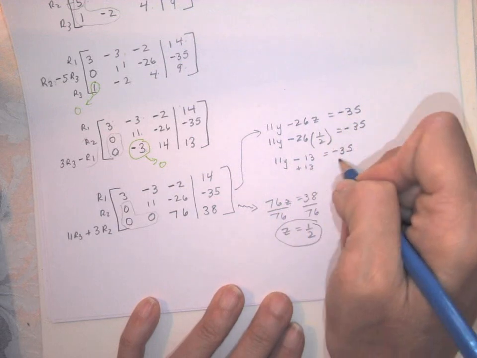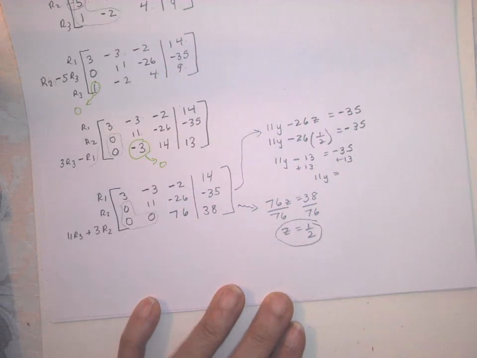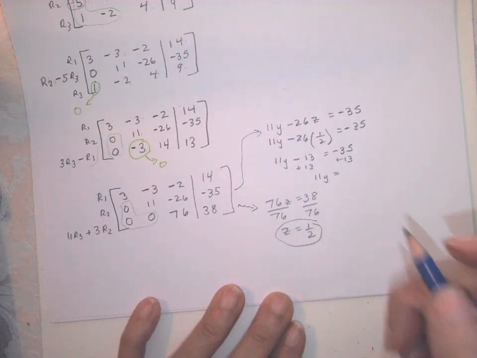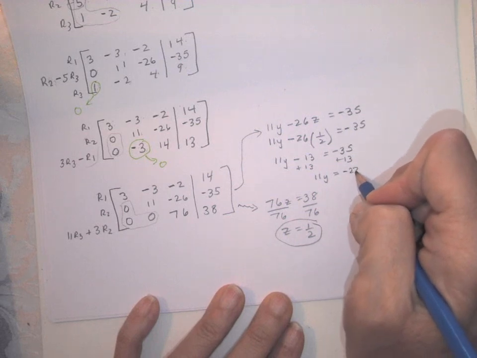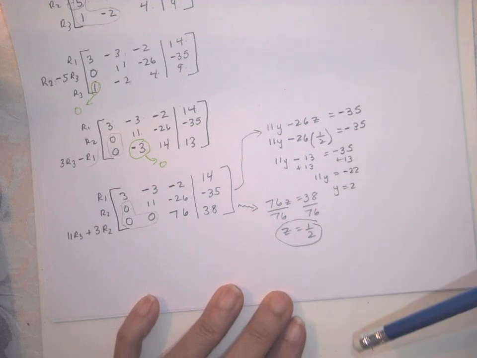Add 13 to both sides. 11y equals negative 35 plus 13, which is negative 22, which works out nicely. Divide by 11, and you get y equals 2, negative 2, sorry.